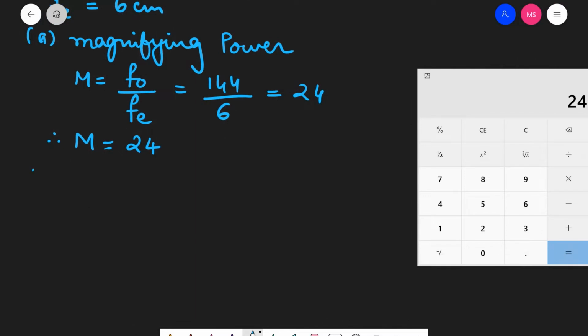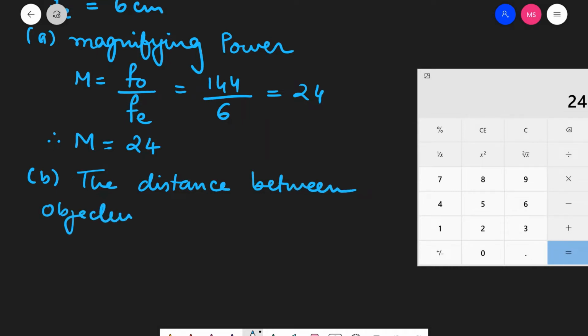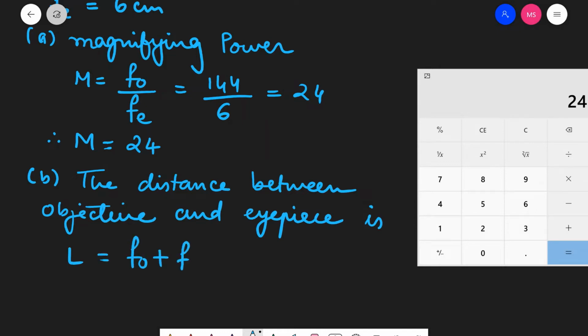Now in second case we have to find the distance between objective and eyepiece. So the distance between objective and eyepiece is, let us represent it by L, that is equal to FO plus FE.